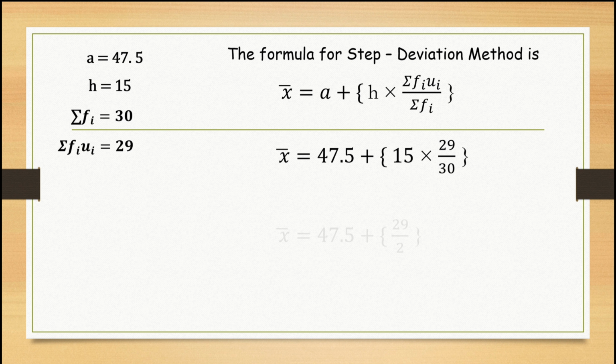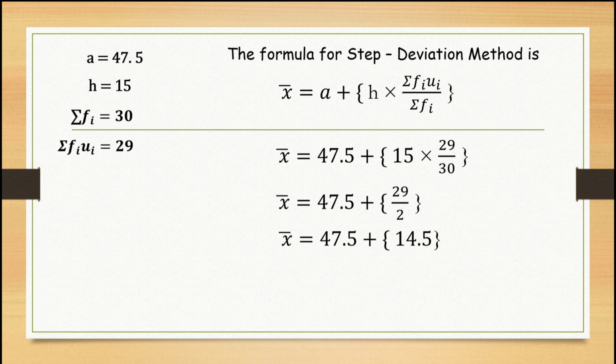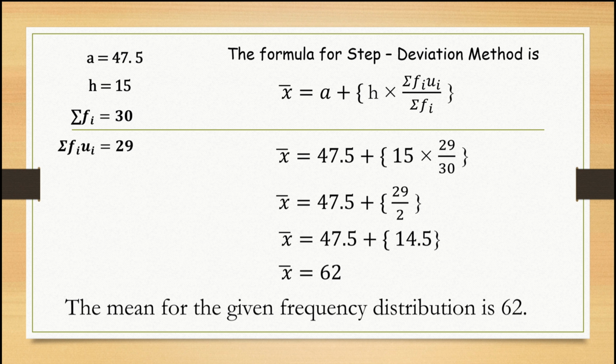You will get x bar is equal to 47.5 plus 29 divided by 2. If you divide 29 by 2, you will get 14.5. So x bar is equal to 47.5 plus 14.5. If you add 47.5 plus 14.5, you get 62. So x bar equal to 62. The mean for the given frequency distribution is 62.